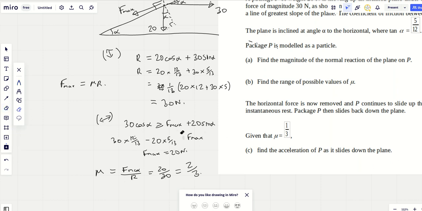Strictly speaking, this is how you could do it, and it's a little more systematic, because some people get confused with the inequalities in mechanics. Now, if F max is greater than or equal to 20 newtons, R will still be exactly 30 newtons.